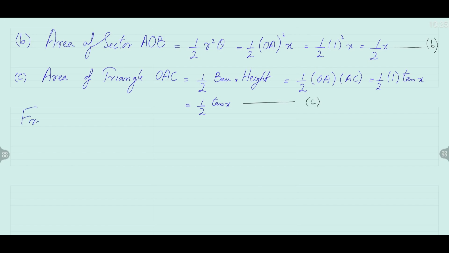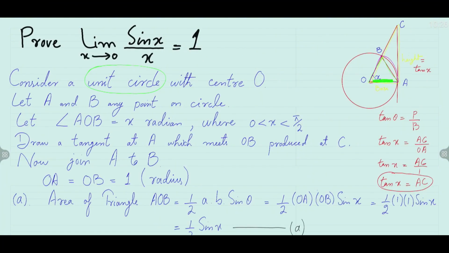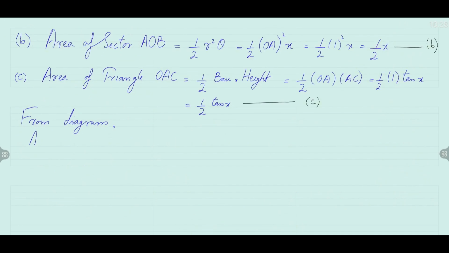For the proof, if we observe from the diagram, you will see this is area of triangle AOB, which is less than area of sector AOB, and this is area of triangle AOC, which is greater than both area of triangle AOB and area of sector AOB.